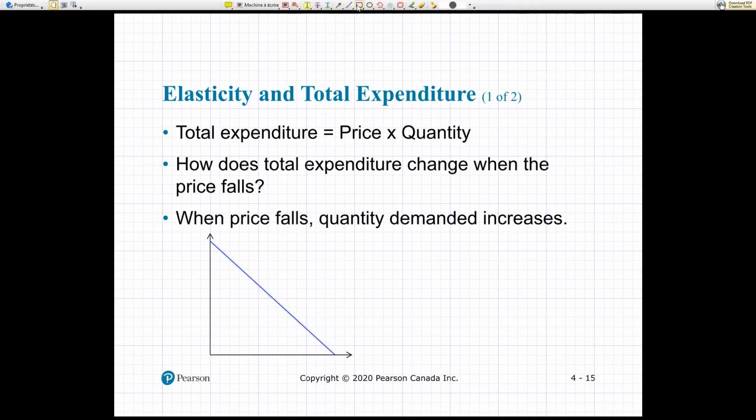So this is total expenditure. I have quantity and I have price.